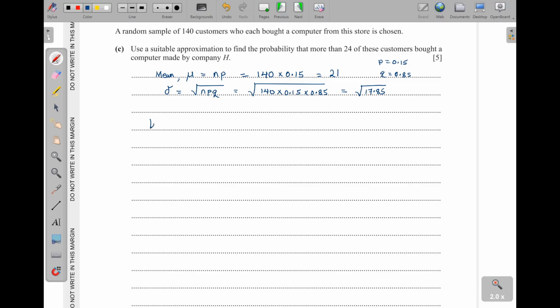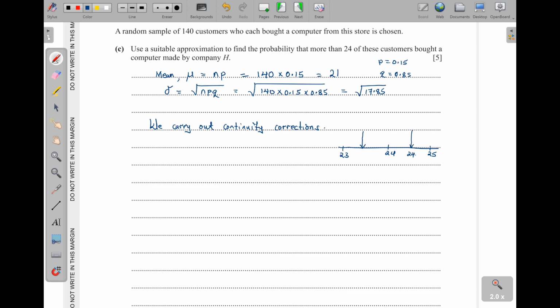Okay, we carry out continuity corrections. Why are we carrying out continuity corrections? Because we are moving from discrete data and we are going to continuous data. Normal distribution deals with continuous data. So if I have my numbers here, this is 24, then the next one is 25, then this one is 23, then we have the lower bound and the upper bound of 24.